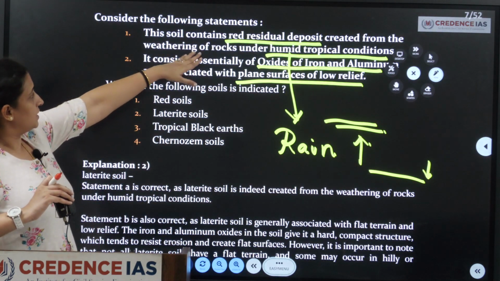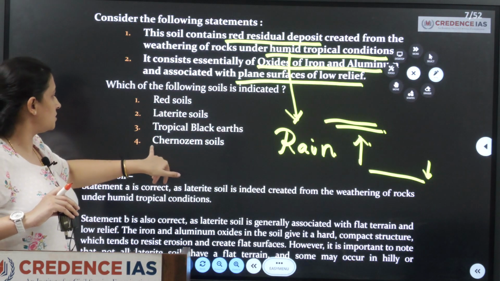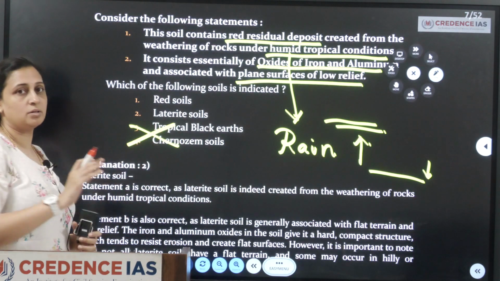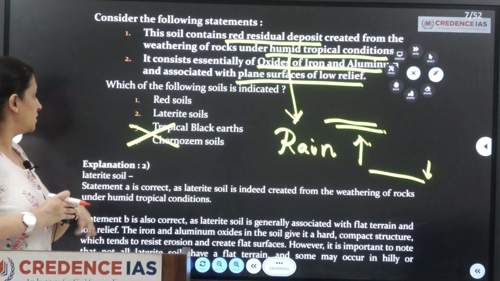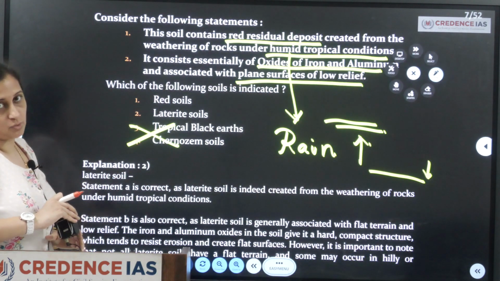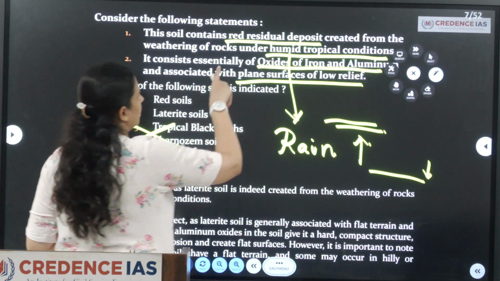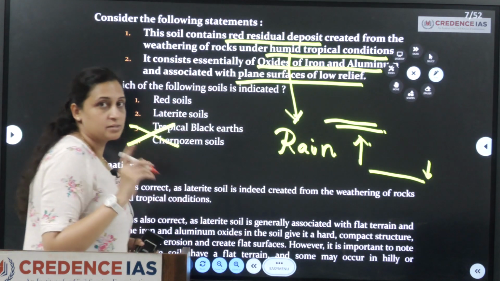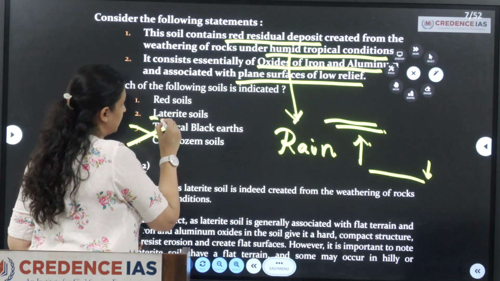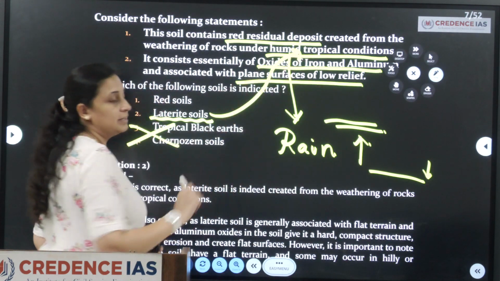As the soil contains red residual deposit, tropical black earths and Chernozem soils will be eliminated because they are not red in color. Coming to red soils and laterite soils, both will be red in color and under humid tropical conditions. Usually, when compared to red soils, laterite soils will be more in humid tropical conditions.